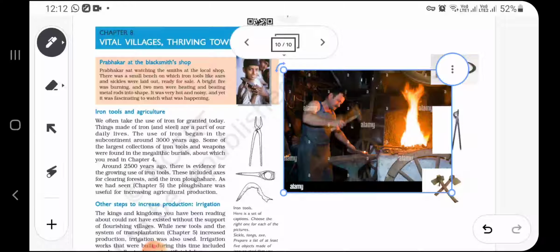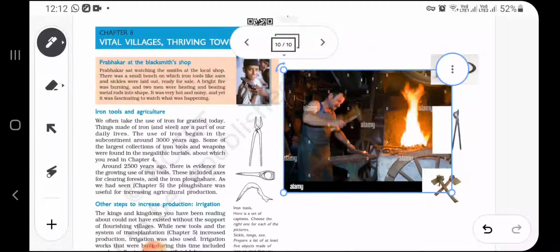So this chapter started with whatever this boy saw, that he was explaining, and the importance of iron. When he was watching that, he had a doubt: now he was doing this work, but in the ancient period when the use of iron started, how was it?